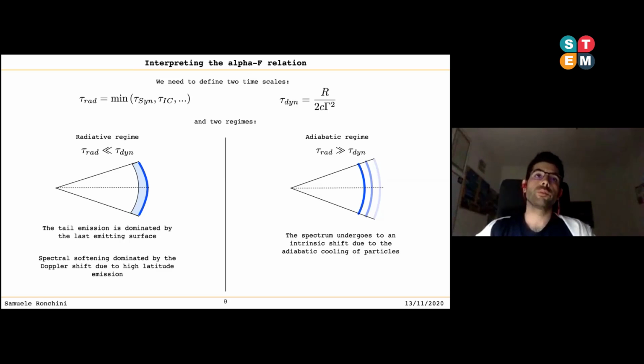This means that all the particles responsible for the emission are able to cool almost immediately, on a timescale much smaller compared to the timescale needed for the outflow to expand significantly. In the opposite regime, instead, the losses due to radiative emission are almost negligible. And in these two cases, we analyzed the results and what we expect.